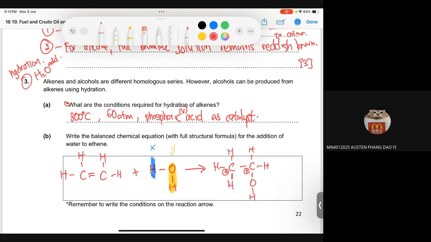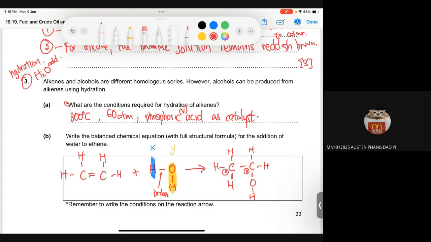Can you see how the addition is being done? Why I purposely highlighted the blue and the yellow is to show you that this bond will be broken. Then the left side will be added to one of the carbons, and the right side will be added to the other carbon. So far okay? Thumbs up if okay. Okay, good.